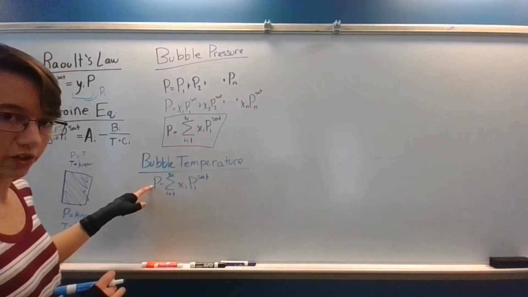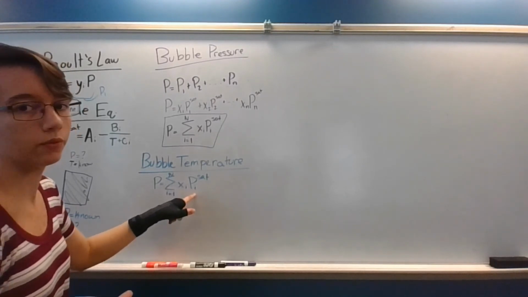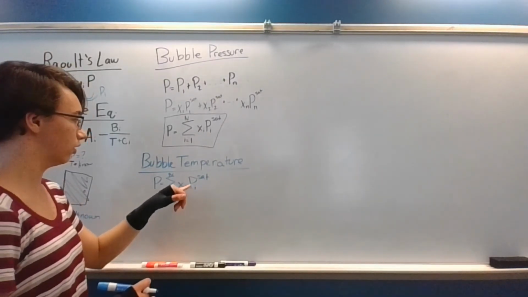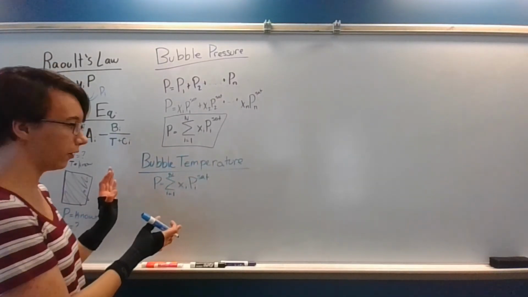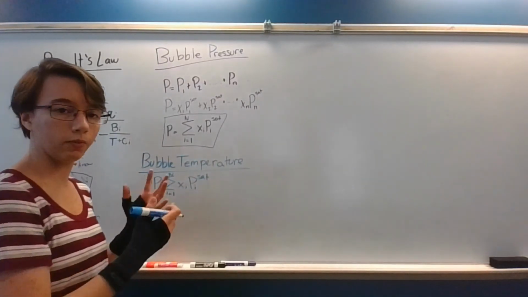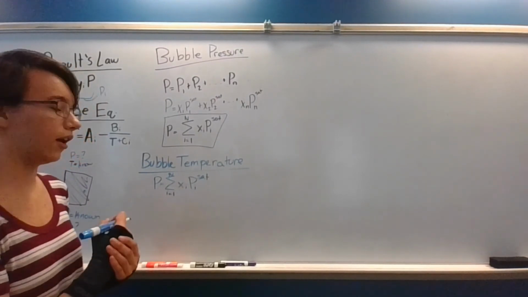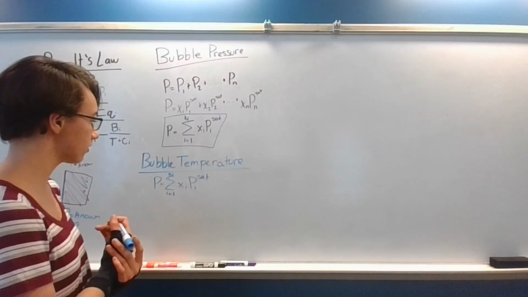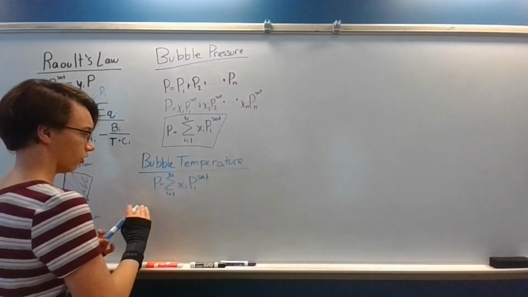However, this time we know this pressure, but we do not know the temperature that was used to calculate it. That temperature is going to be hard to solve for by rearranging this equation. So what is most commonly done is to use a root function, such as in Python, which I'll show you how to do in a few minutes, to solve this.